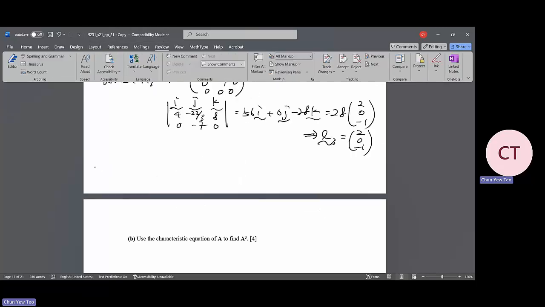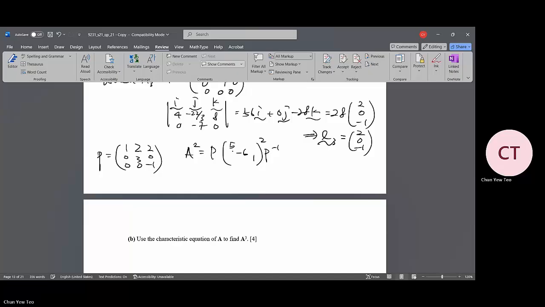Therefore your B is equal to eigenvector number 1, eigenvector number 2, which is 2, 3, 0, and eigenvector number 3, which is 2, 0, negative 1. And your A squared is equal to B D B inverse. D will be the diagonal matrix with 5, negative 6, 1 squared.